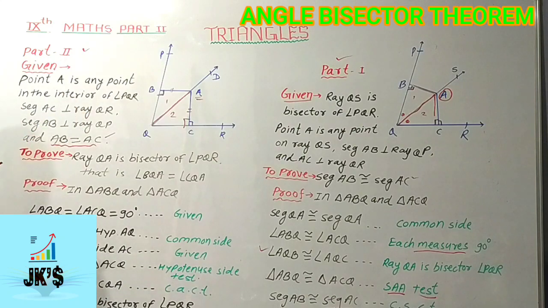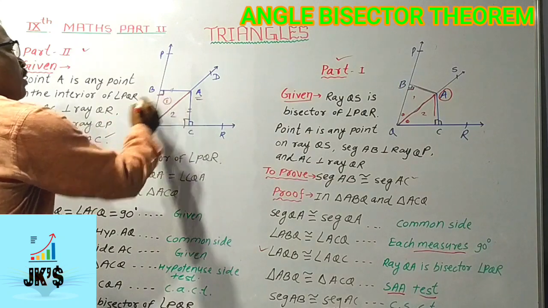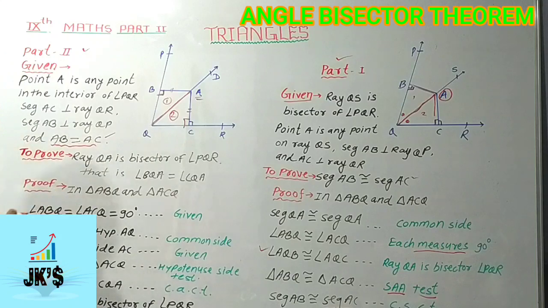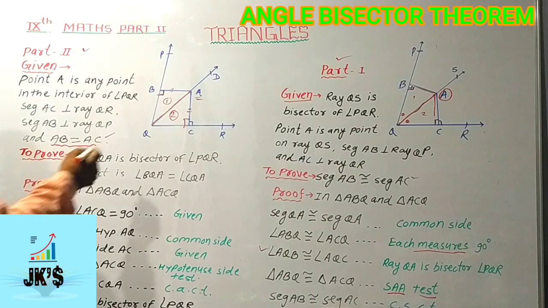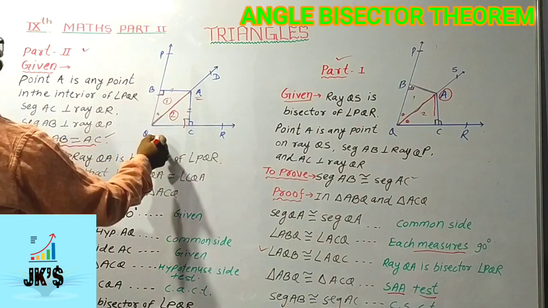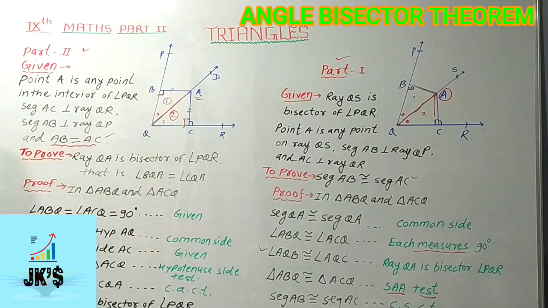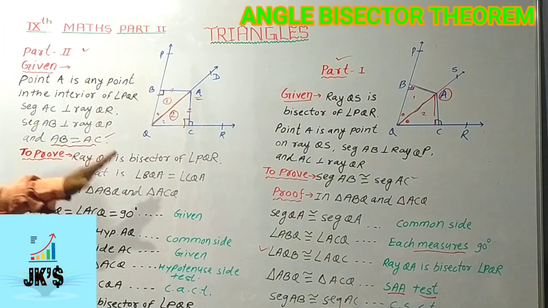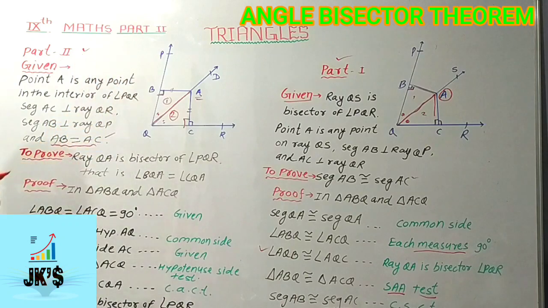Hence we can say that triangle ABQ, the first triangle, and ACQ, the second triangle, are congruent by the hypotenuse side test. If two triangles are congruent, then their corresponding angles are congruent, so angle BQA is congruent to CQA, corresponding angles of congruent triangles.